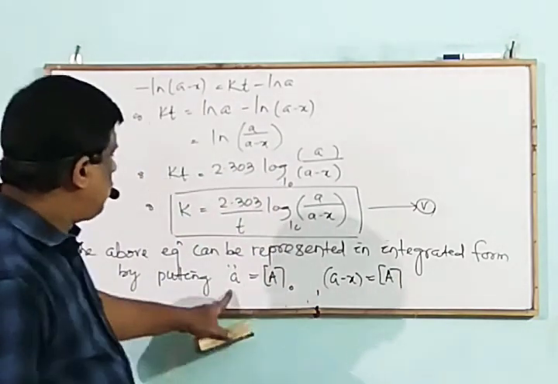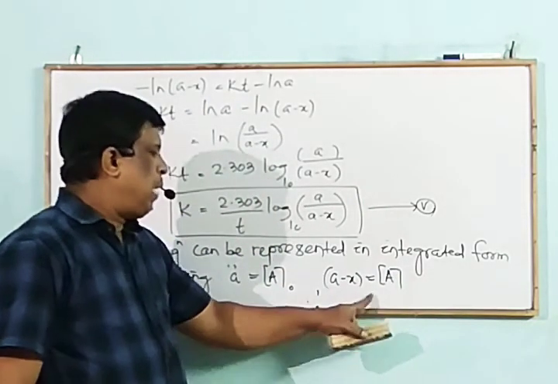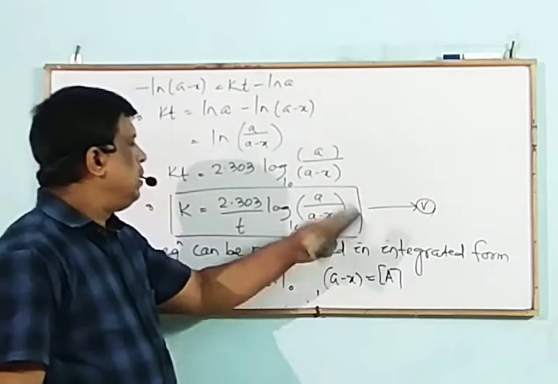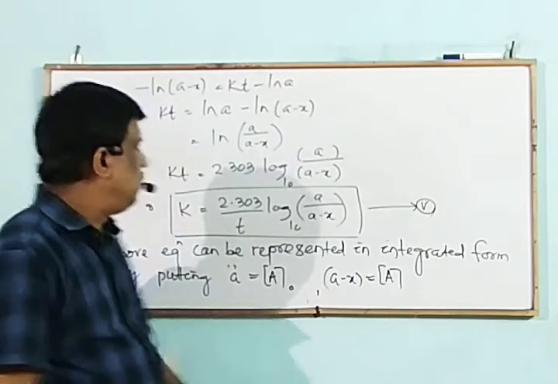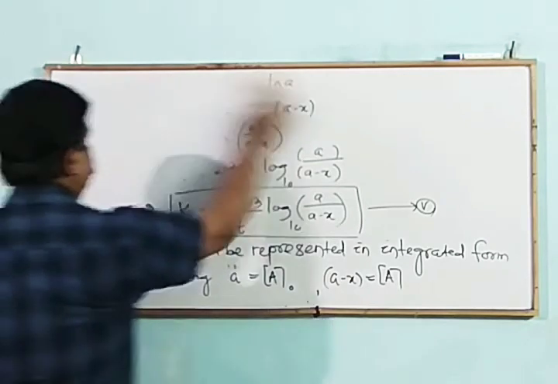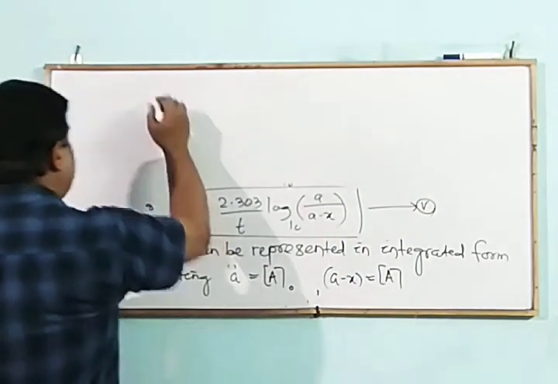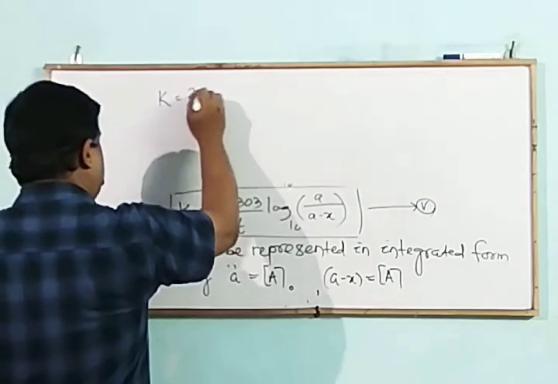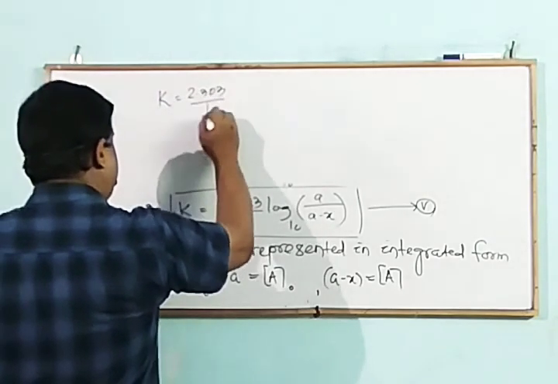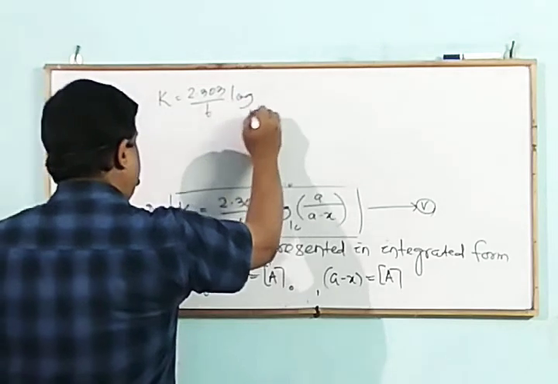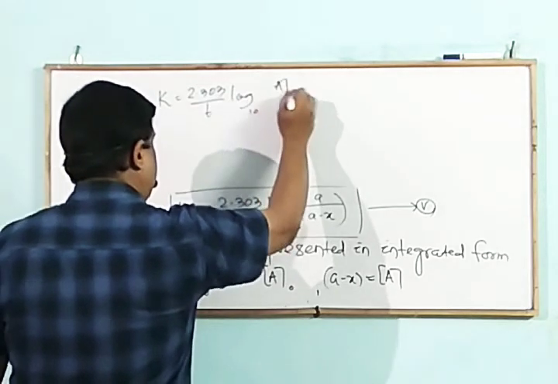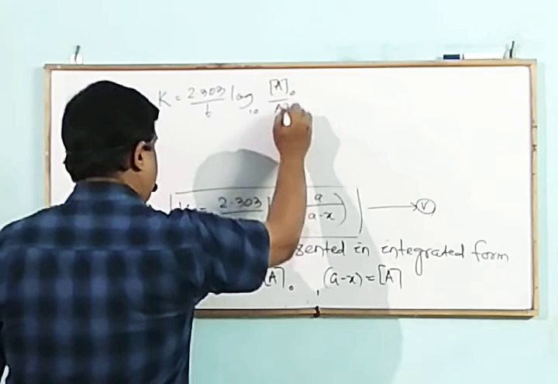By putting initial concentration a naught and final concentration a in equation 5, we have, mark that, k is equal to 2.303 by t log base 10 a naught by a.